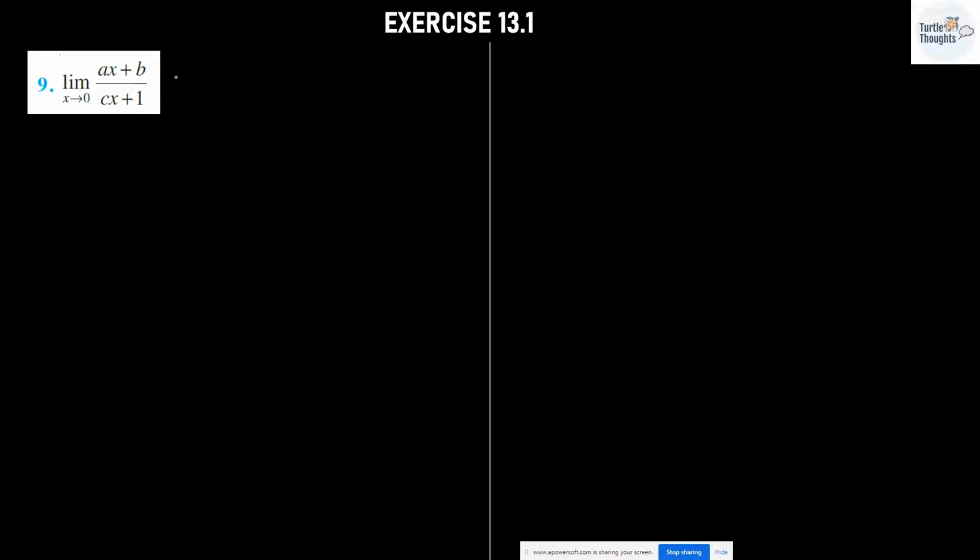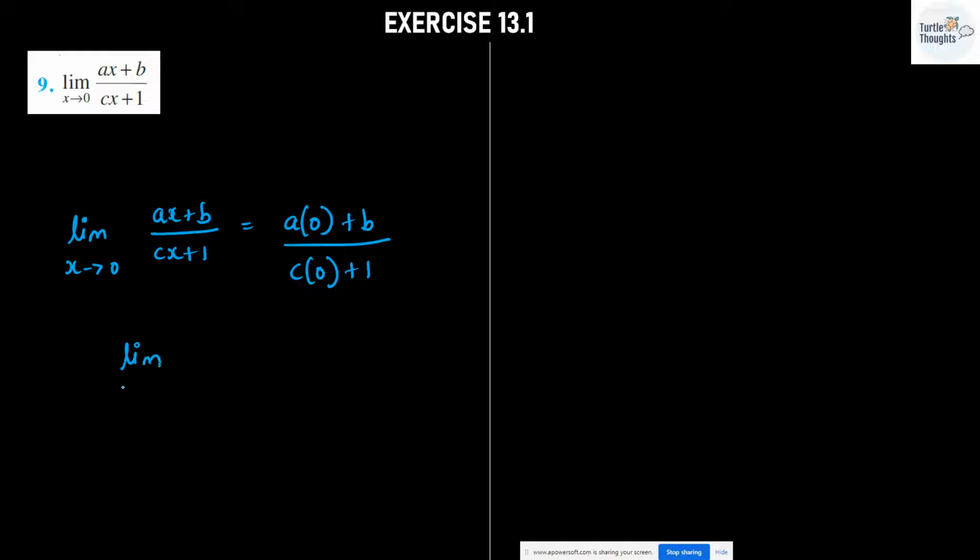Limit of ax plus b divided by cx plus 1. So I can write limit of x tending to 0 of the function ax plus b divided by cx plus 1 is going to be, substitute the value of x as 0, a multiplied by 0 plus b divided by c multiplied by 0 plus 1.